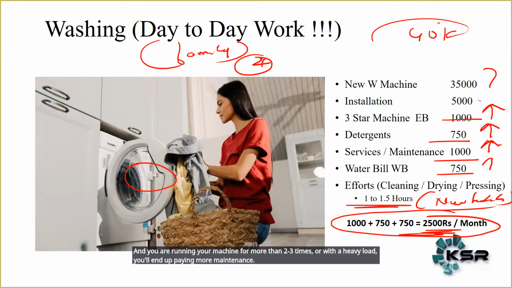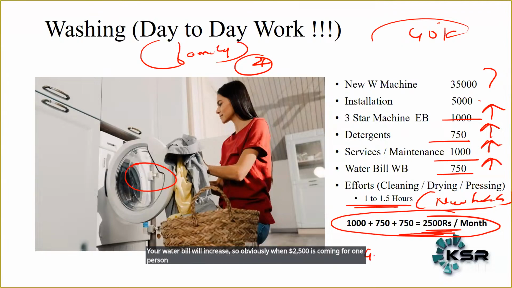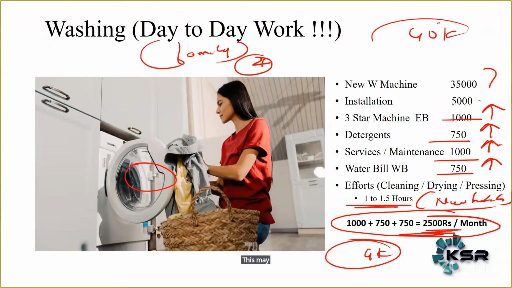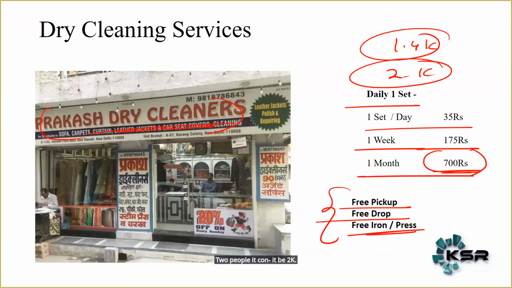Your water bill will increase. So obviously, when 2,500 is coming for one person, at the end of the day, you may even pay 4K. This may happen if the number of people is increasing in your house. But here, for one person, 700 rupees. For 2 people, it could be 1.4K. Which is better? Which is better?